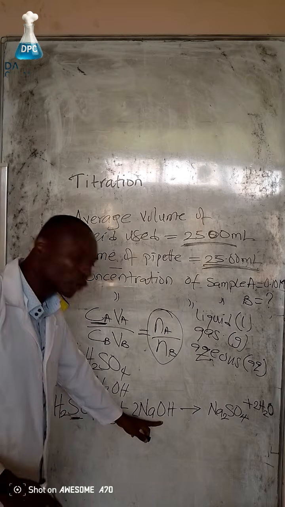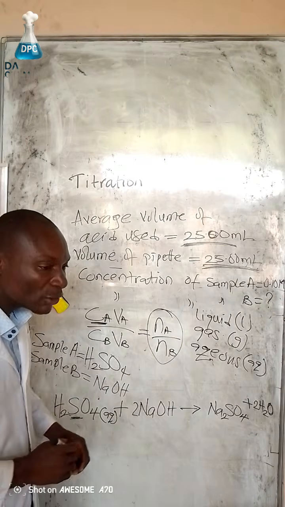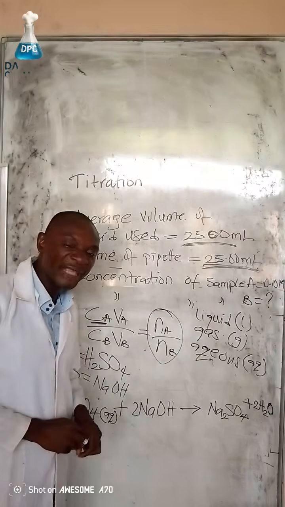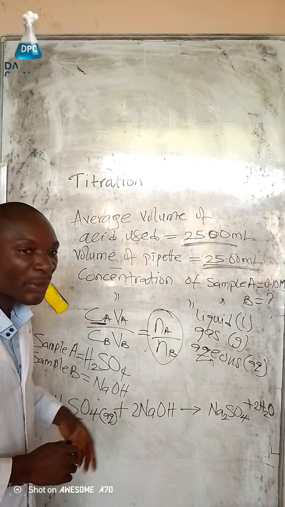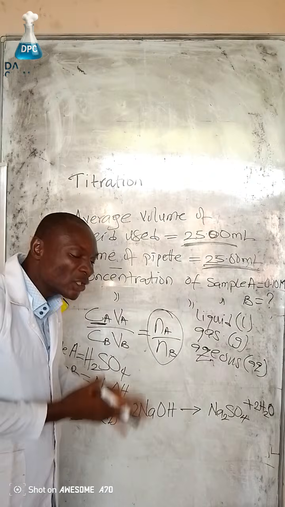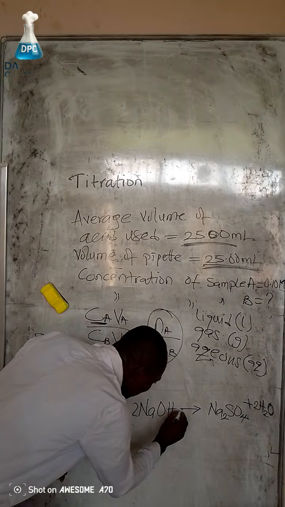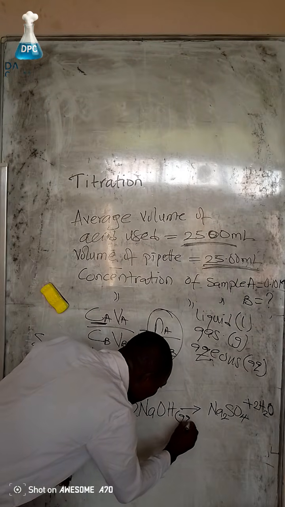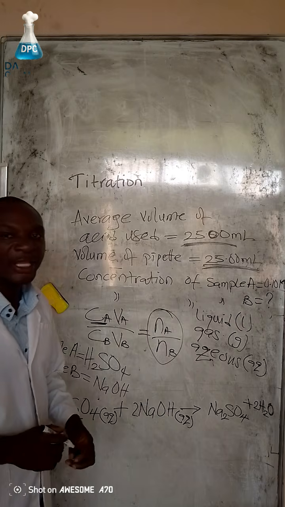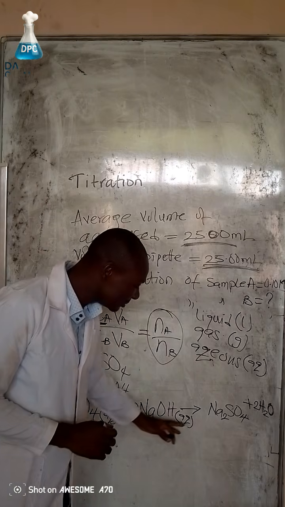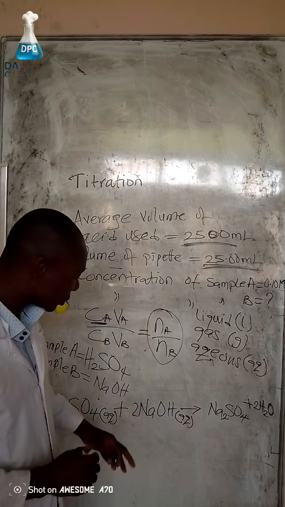Then you come to sodium hydroxide. Now, sodium hydroxide, which is solution B given to you, is also prepared with water. It's dissolved in water, so it's also aqueous. So you write AQ also.